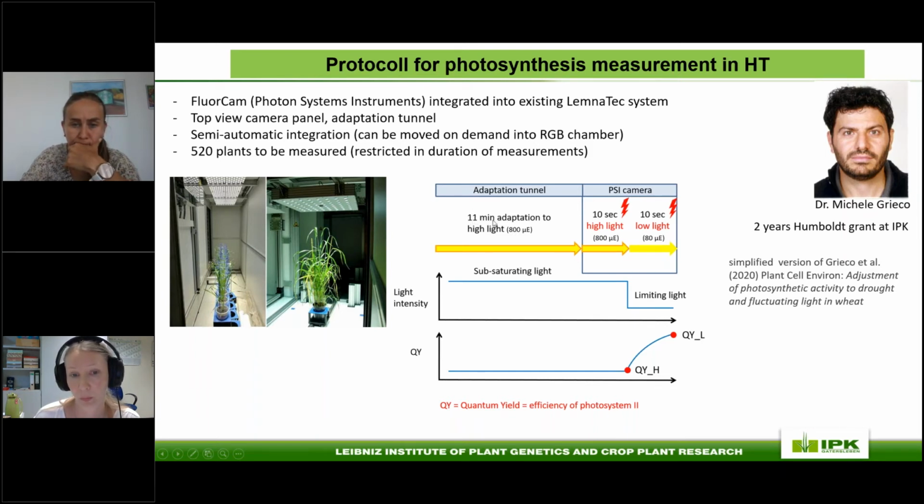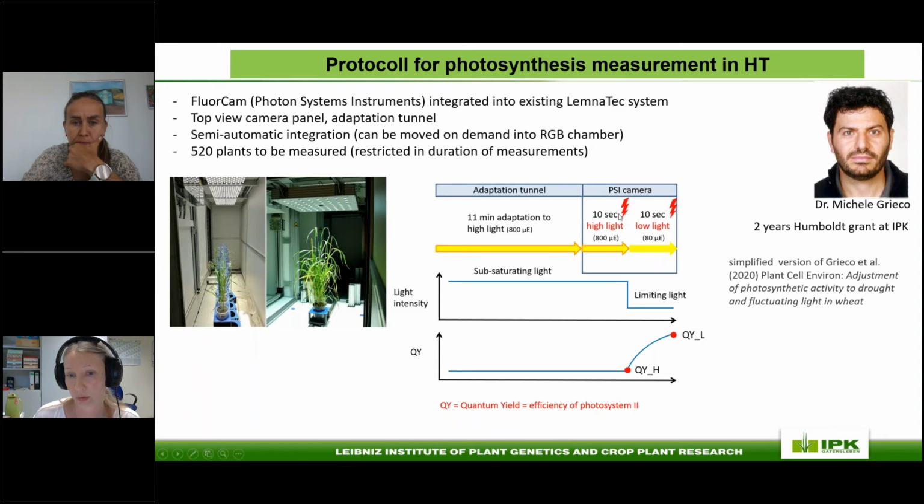So they have a minimum of 11 minutes adaptation to high light in this light tunnel. Then they move into the chamber where the PSI camera system is integrated. And it's a traditional parameter of photosynthesis of this efficiency of photosystem 2.